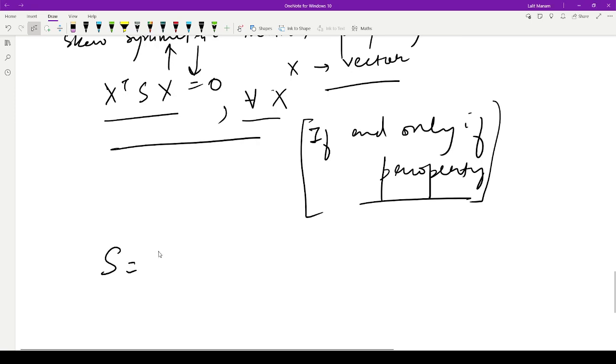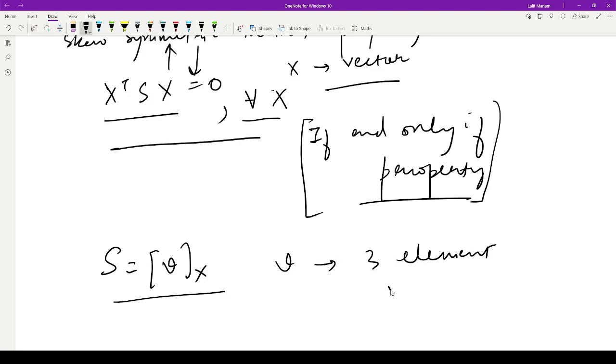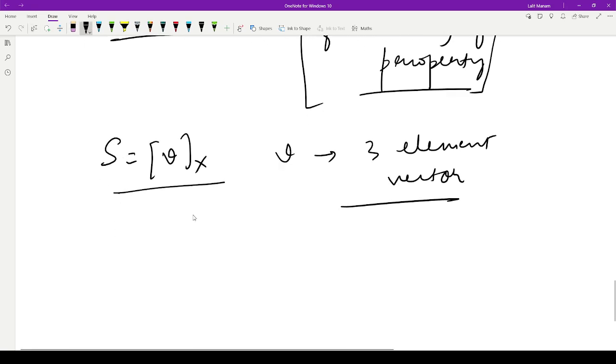For this question, you know that every skew symmetric matrix can be written like this, right? Yes, sir, that was given in the class. So V is some three element vector, and S is the skew symmetric form of that. So we try to expand this: x transpose (V cross x) equals 0 in 3 dimensions.